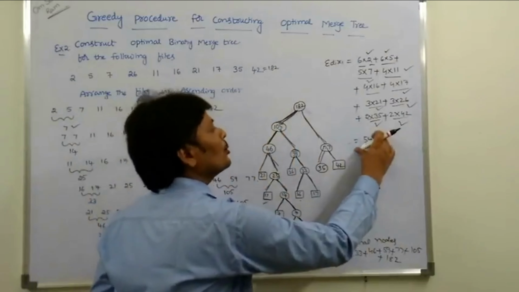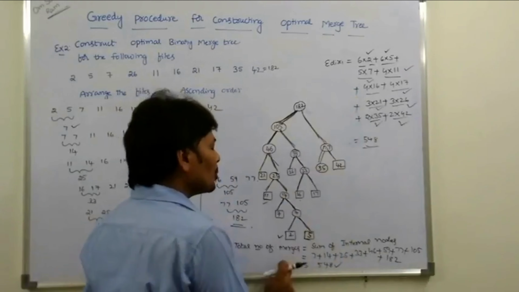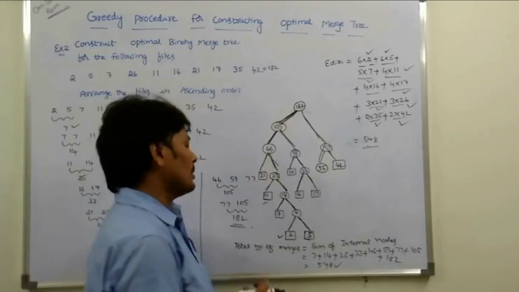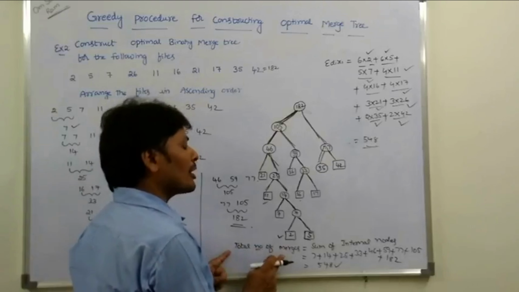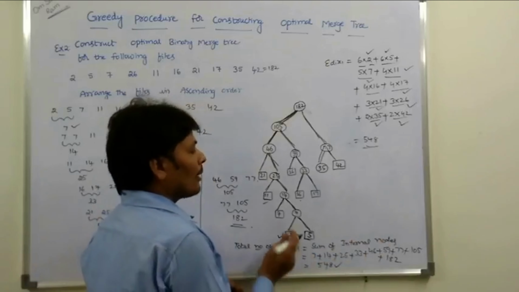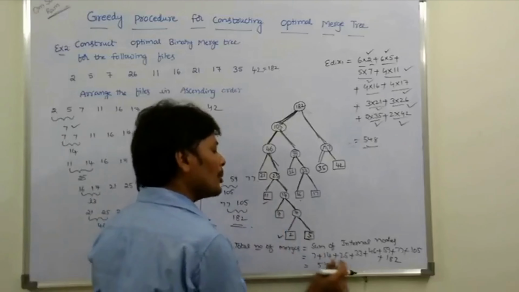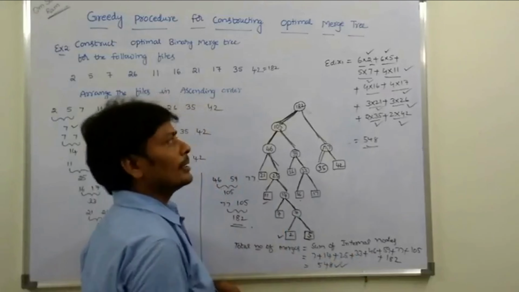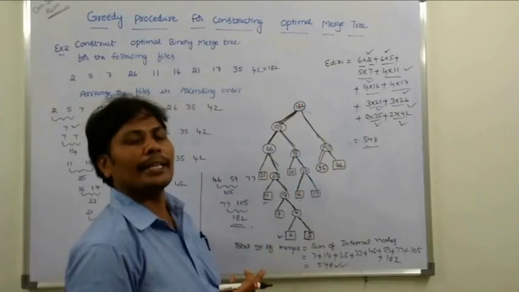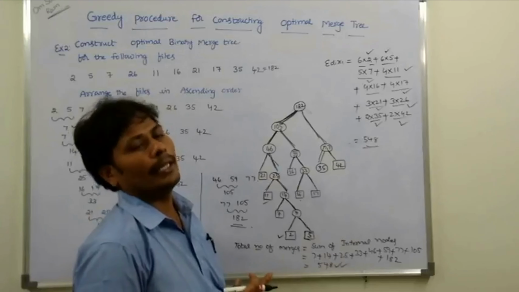So this value is equal to this value. So of these two methods, you have to follow one method. The first method is that the total number of merges is equal to the sum of internal nodes, so whatever values are put in circles, those values are to be added. Next, the total number of merges can be calculated by using the product of distance and leaf nodes.